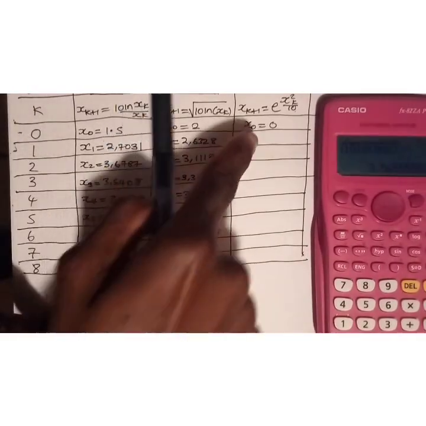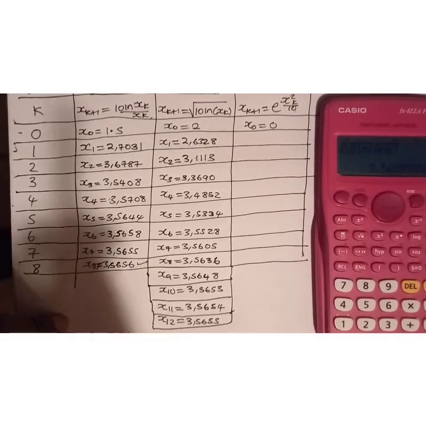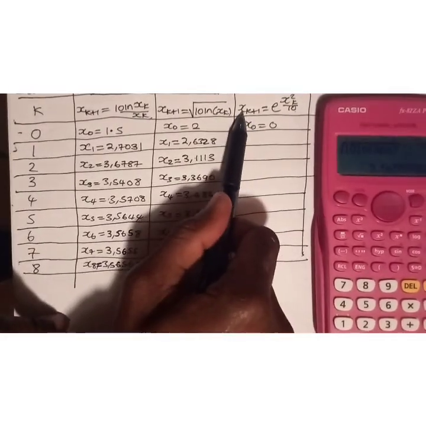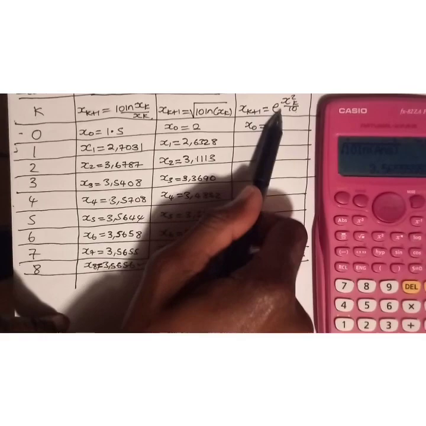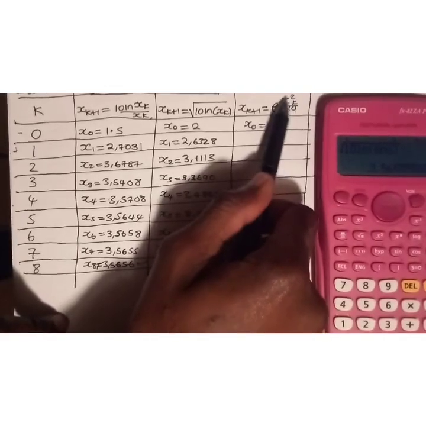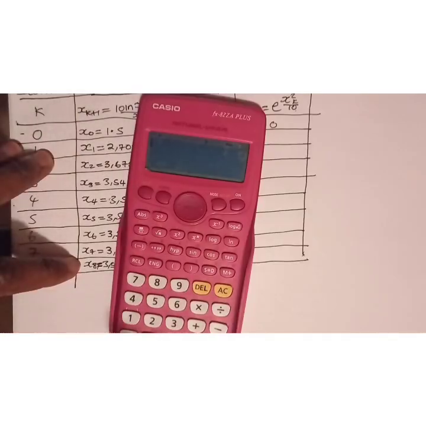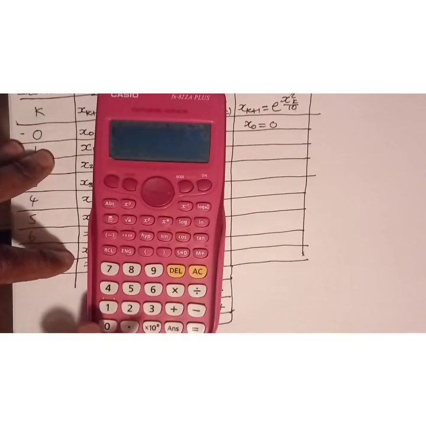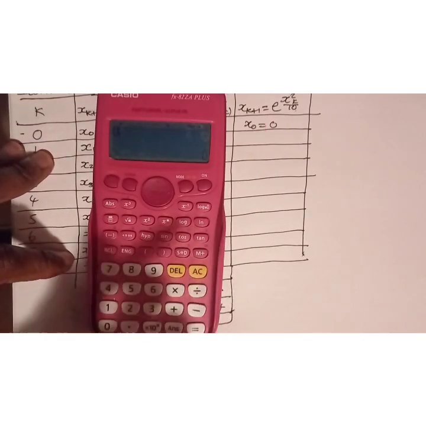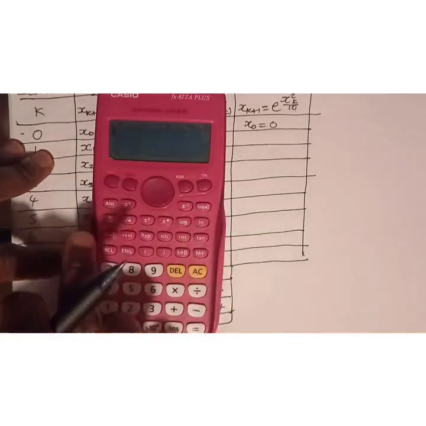So let's see for this one, for initial guess, where our x(k+1) is defined by e to the power x_k squared over 10. So how do we do it? To make this simple, I'll start by saying 0, then I say answer, in case I don't delay.